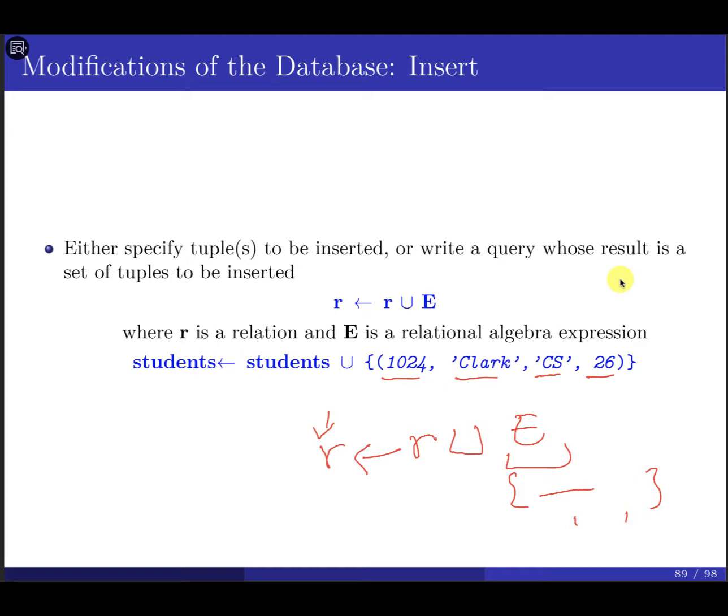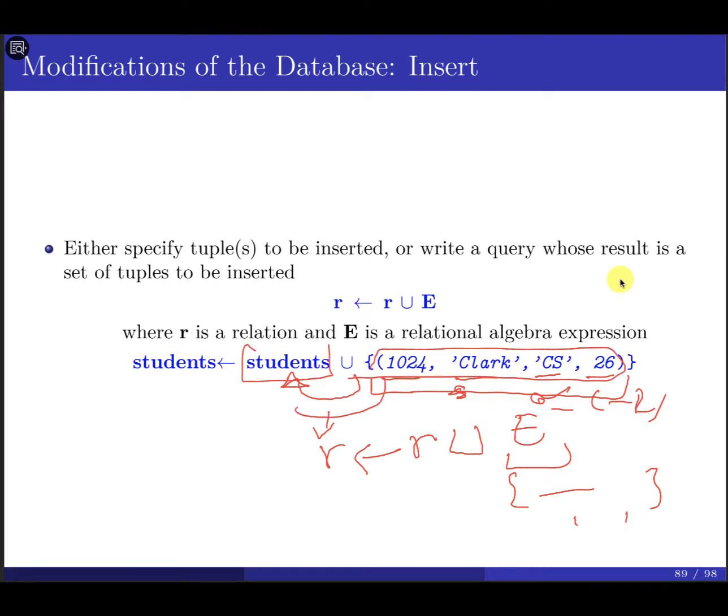In this case, I take the old value, whatever the relation R gives, and union it with the new student tuple. So whatever the old value, I add a new tuple that contains all the attributes, and we put this in the student relation. This is how you can insert. Sometimes insert requires multiple operations, but in this simple case, you just add a new tuple to the student relation.